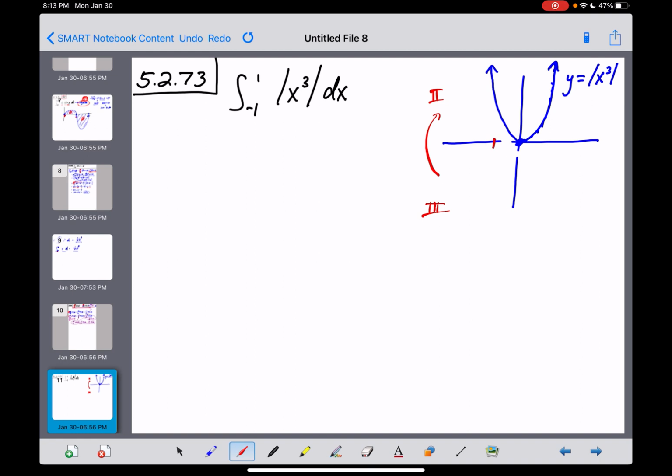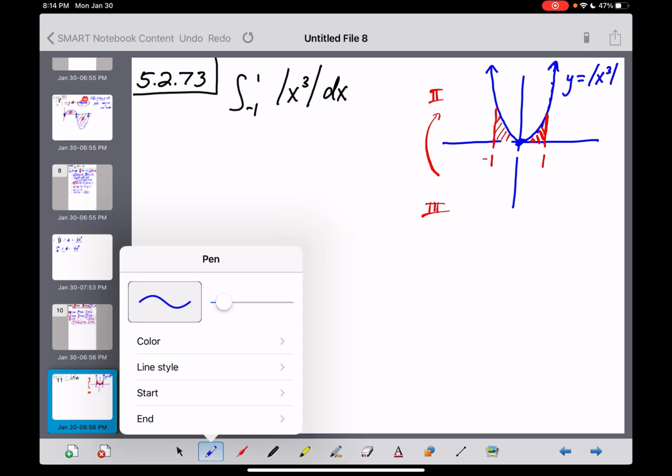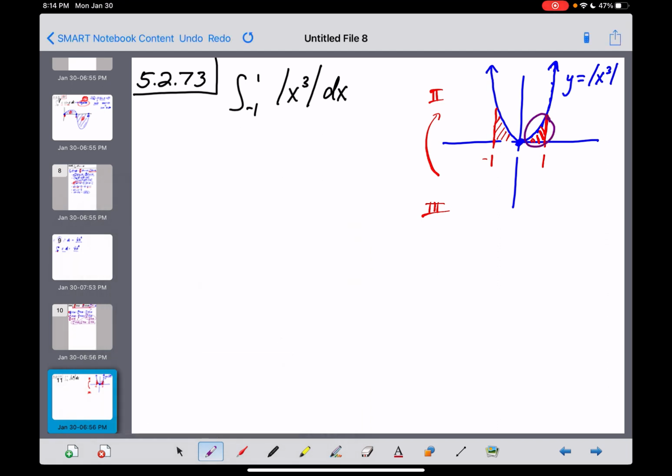Second challenge now is we're trying to figure out the net or signed area here between -1, which does this, and +1, which does this. Now, here's what I'm hoping you realize. Those two regions in red are congruent. They're the same. So what I can do now is just focus on this region right here, and then just double your answer.